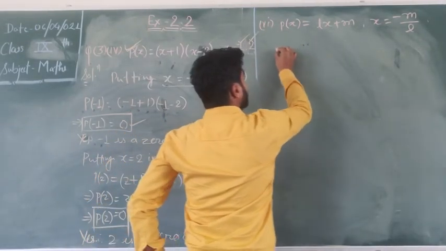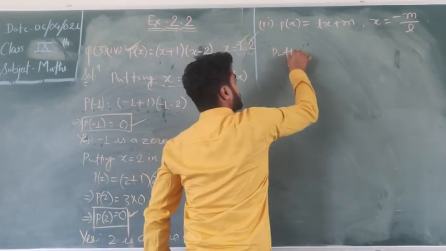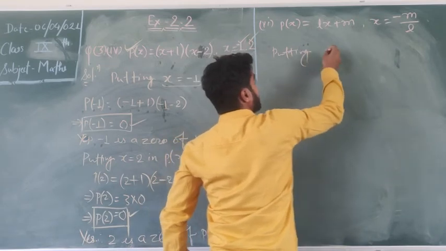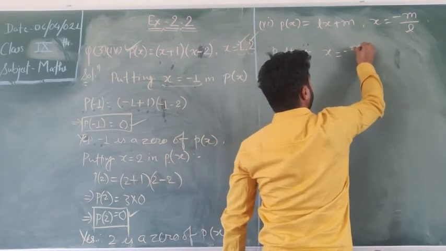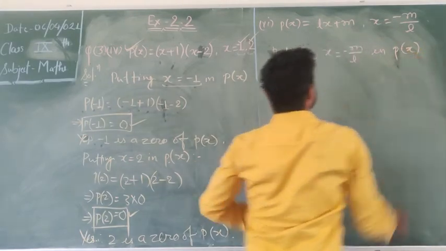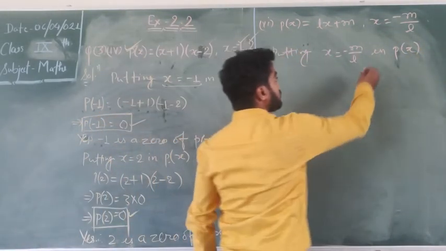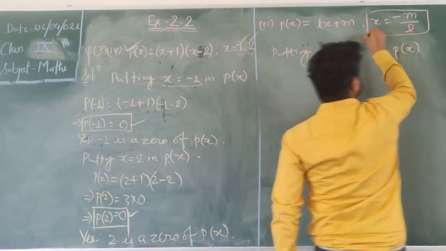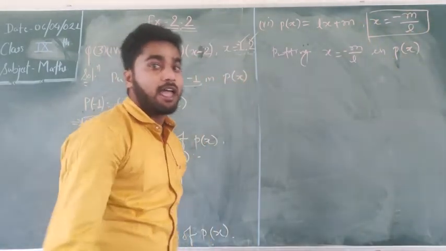So for putting x equal to minus m upon l in p of x, in the place of x we have to put minus m upon l.